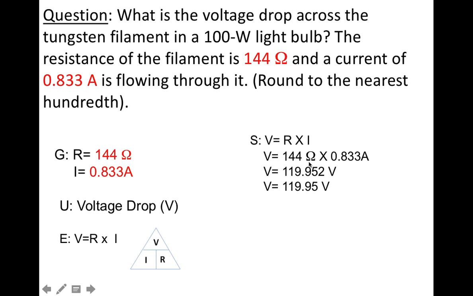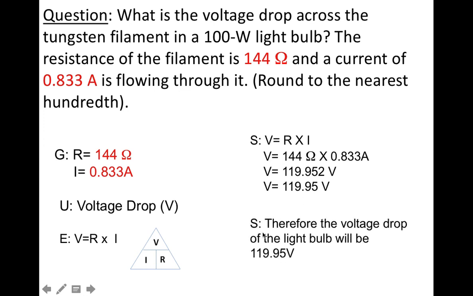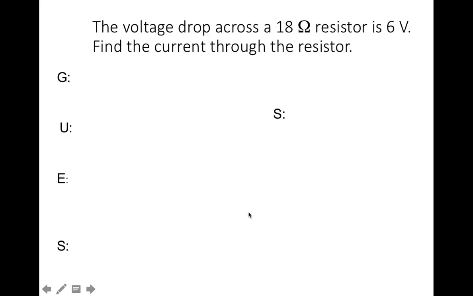You can put in the 144 ohms for the R and the 0.833 amps for I, and you will solve that to be 119.952 volts. Now remember, it said to round to the nearest hundredths, so we're going to say 119.95 volts. Don't forget your final statement. Therefore, the voltage drop of the light bulb will be 119.95 volts.